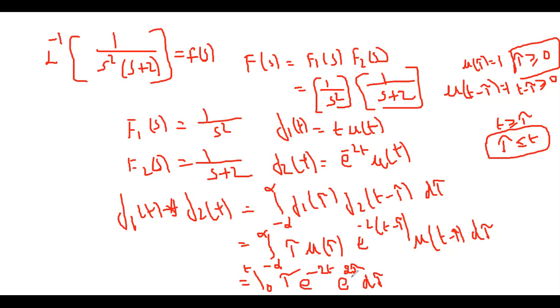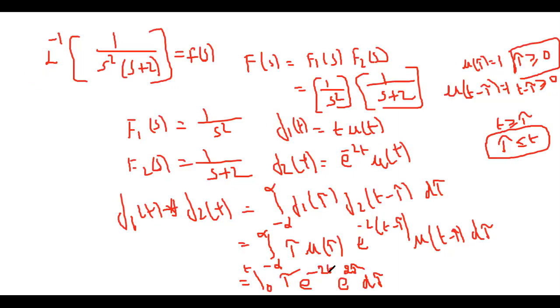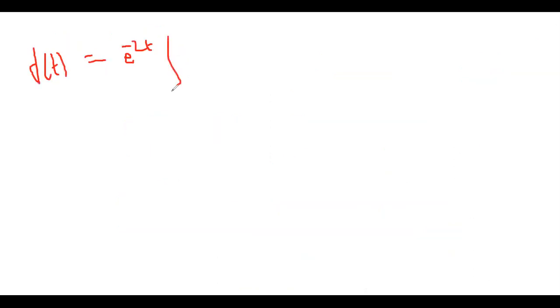Now apply integration by parts. So f of t as a convolution is e power minus 2t, which is a constant because it depends on t, times the integral from 0 to t of tau into e power 2 tau d tau.